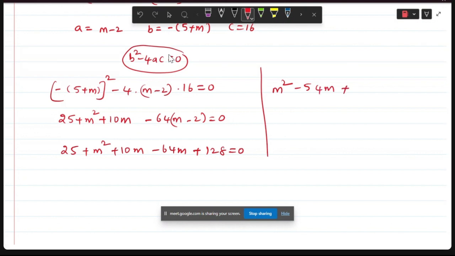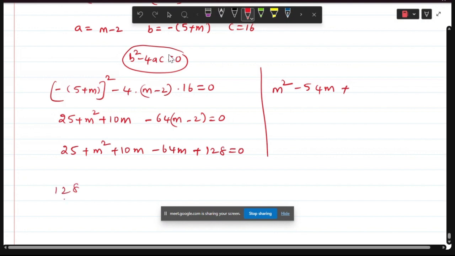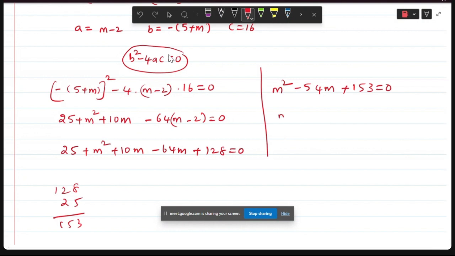54m, plus 128 plus 25 is what? 153. So what is the factorization here? m square minus 54m plus 153.